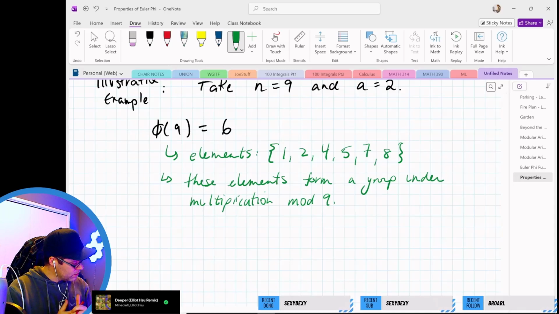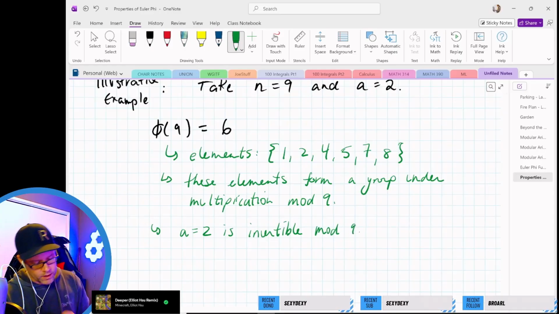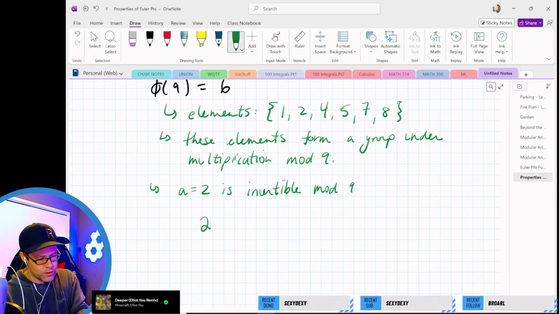And 2 is invertible, so that's another important thing here. So the element 2 is invertible mod 9, and we can verify this. We know 2 to the 6 is congruent to 1 mod 9 based on the theory.